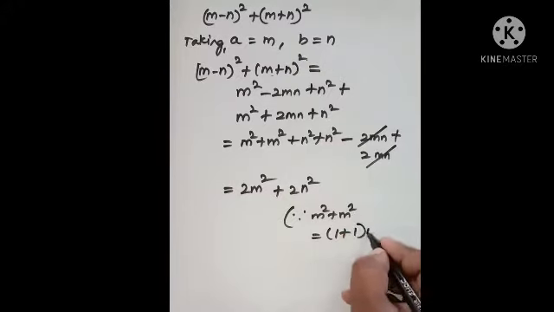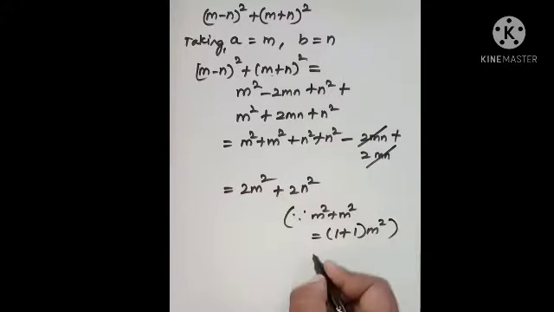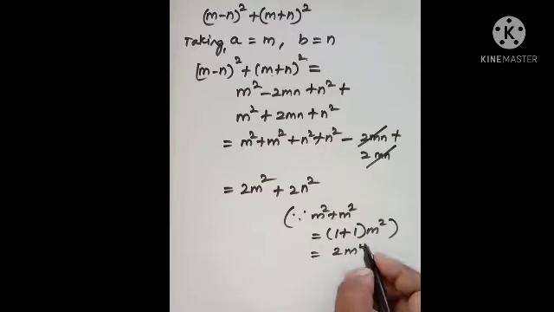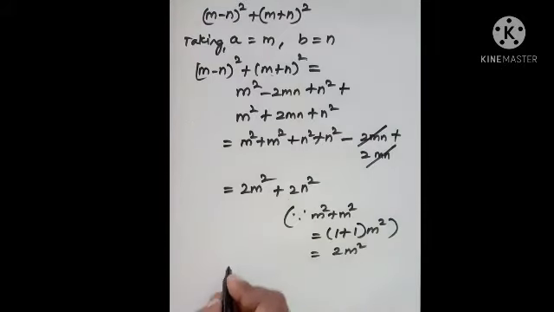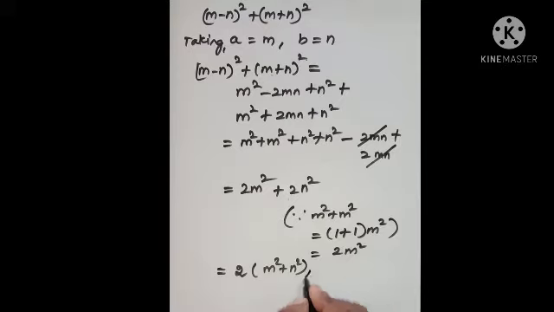It is 1, and so it is 2m square. Now 2m square plus 2n square. Here we can write it as 2, taking 2 common outside, we get m square plus n square. So this is the required value, and it is equal to the right hand side. Thus we proved.